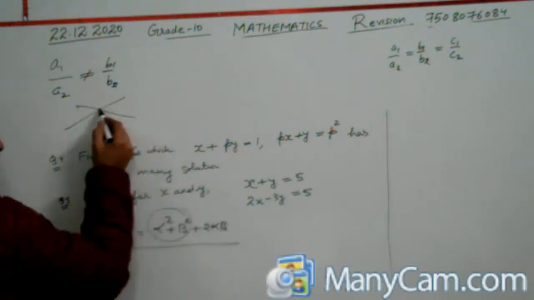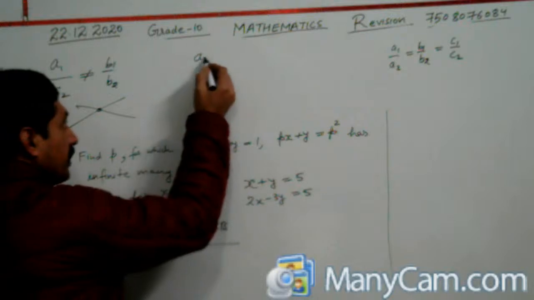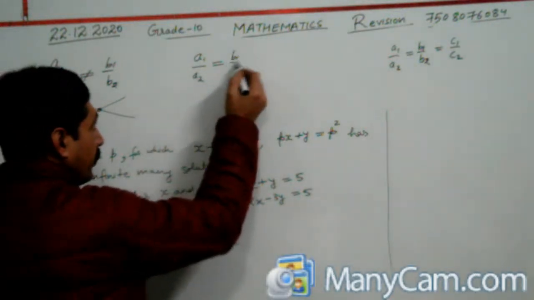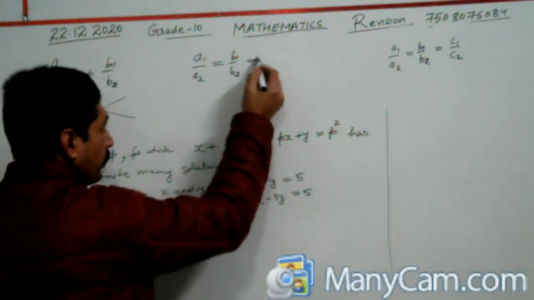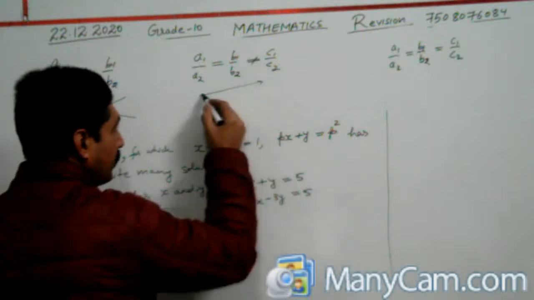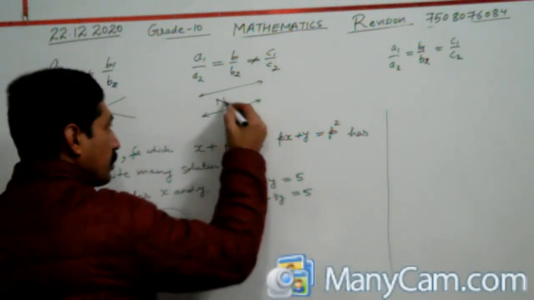Two lines will intersect each other. And the second one was a1 upon a2 is equal to b1 upon b2 is not equal to c1 upon c2. The two lines are parallel to each other, right? And we have no solution.